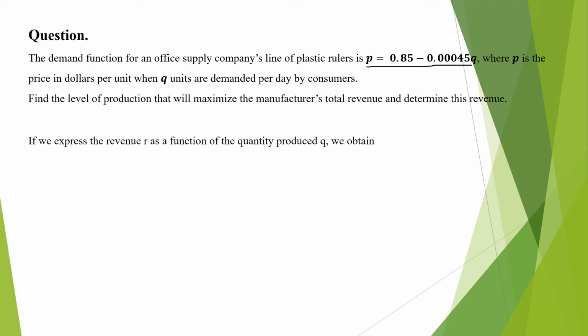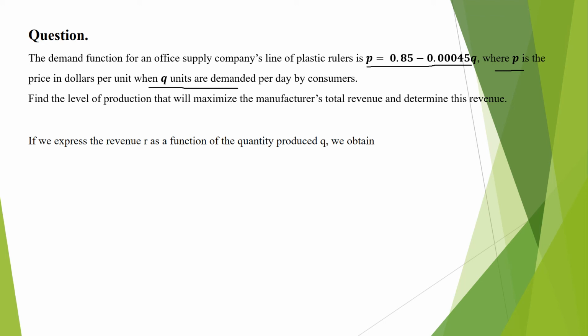The demand function for an office supply company's line of plastic rulers is P = 0.85 minus 0.00045Q, where P is the price in dollars when Q units are demanded per day by the consumer.